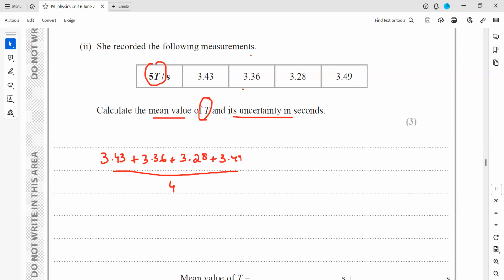So that is the average for 5 oscillations, but we want T for one oscillation. If we need 1, we divide this value by 5.